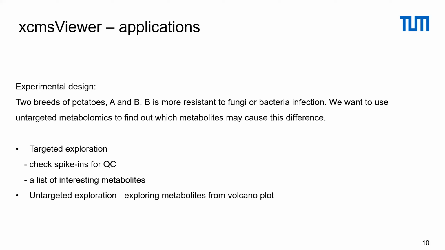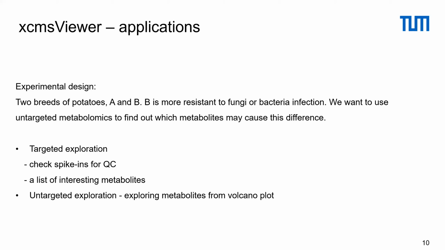By doing targeted exploration, we can check the spike-ins for QCs. Let's assume that in this experiment, we have two spike-in metabolites, tyrosine and lysine, and then we see how we can check them.